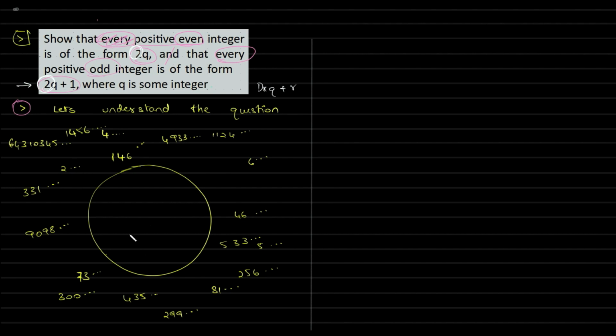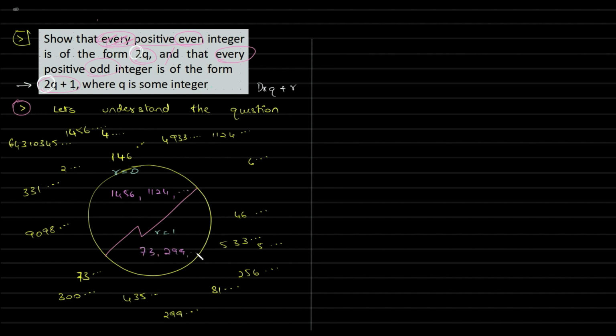Another perspective: I have a few numbers over here, and I want to group them in these circles. I'll put a condition that if I have a remainder 0 on dividing by 2, send them over here, and numbers with remainder 1, send them over here. If I start classifying this way, I'll see that all the possible even integers on the screen will come over here, and all the possible odd integers will come over here.